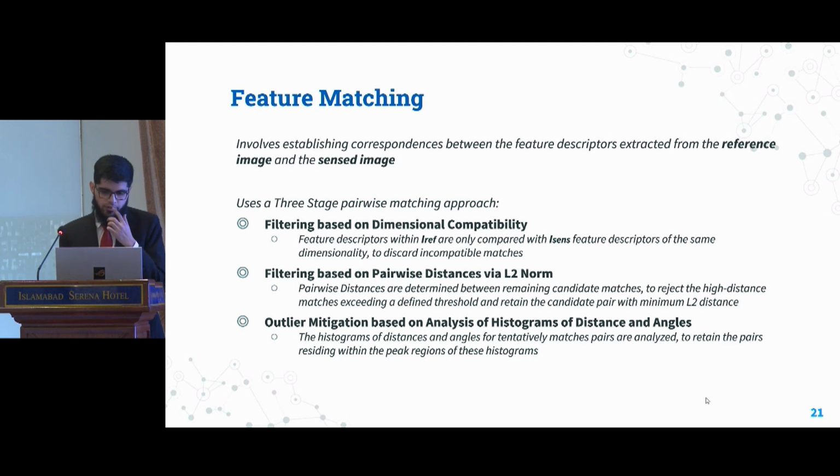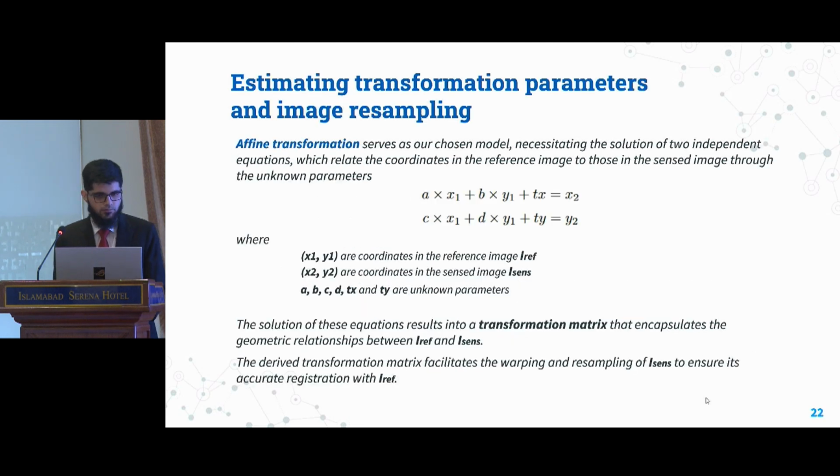So it also involved eliminating further the candidate matches which weren't of our use, and it utilized the L2 distance. Last one was outlier mitigation based on analysis of histograms of distances and angles, where we again computed histograms of the matched pairs to retain the pairs residing within peak regions of these histograms.